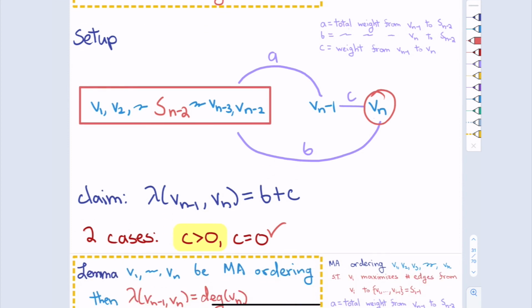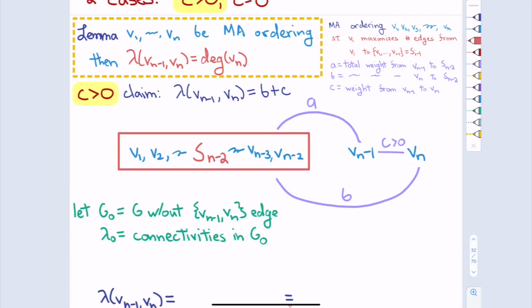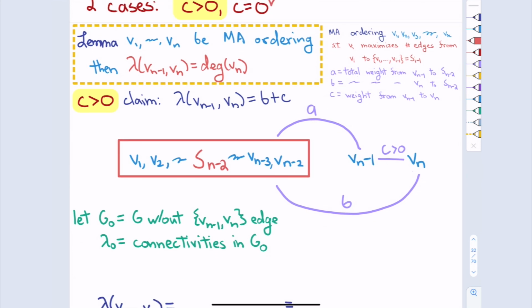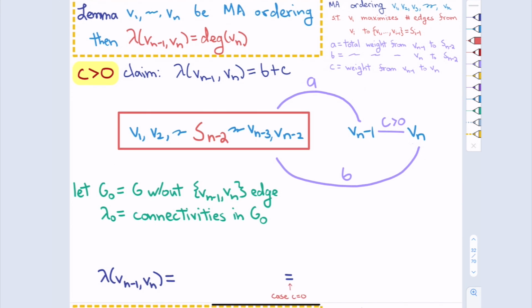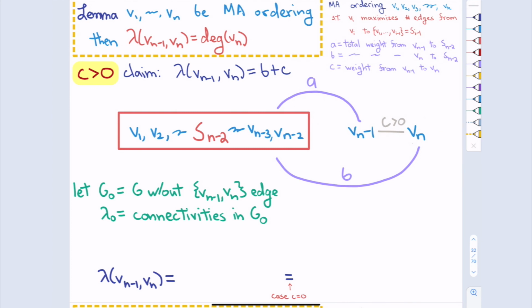Okay, so to do this last c greater than 0 case, I'm going to reduce to the c equal to 0 case. Let G0 denote the graph where I pretend to delete this edge. I just delete the edge directly from Vn minus 1 and Vn, which gives us the case we just studied.